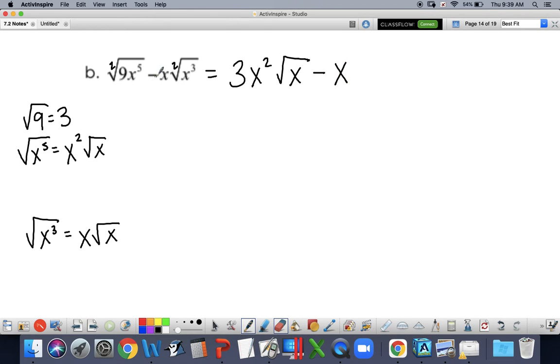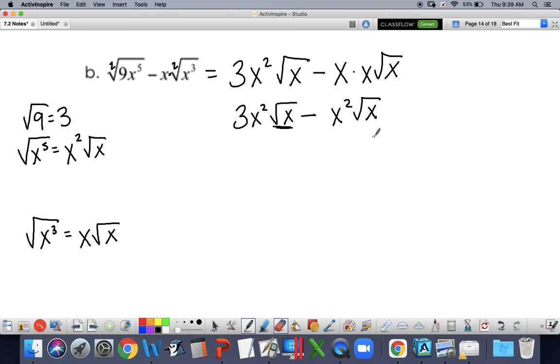You've got this x that was part of the original problem. Now write the simplified. And notice I put a little multiplication symbol in there, right? What I'm doing here is I'm saying, I know that what's going on between here, even though there's no multiplication dot, that these two things are being multiplied together. So I get 3x squared, square root of x, minus x squared, square root of x.